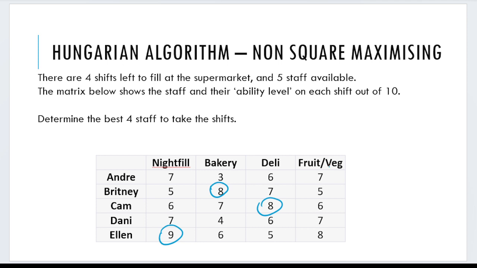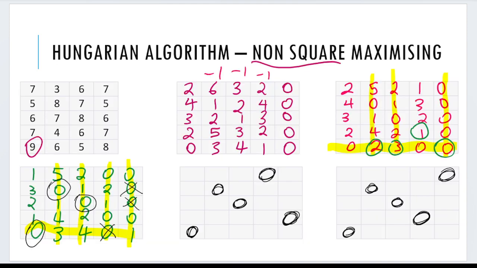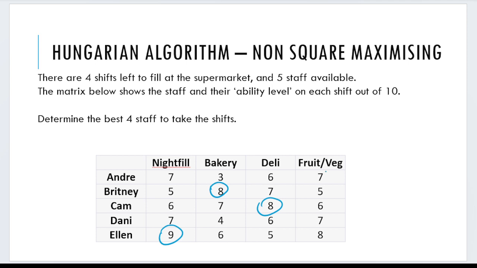Now, the 2 remaining people are Andre and Danny, and if we have a look at our 2 results here, we can see that Andre and Danny both have a rating of 7, which satisfies the fact that we could give either of them that role and either of them could miss out, but we will definitely still have the same staff ability maximizing on this as a result of this algorithm.